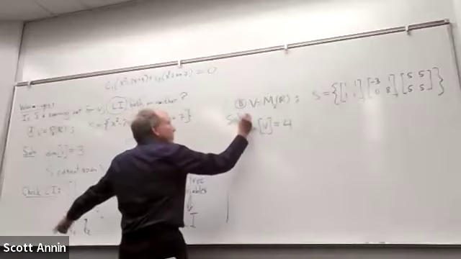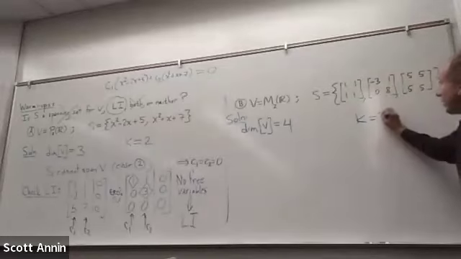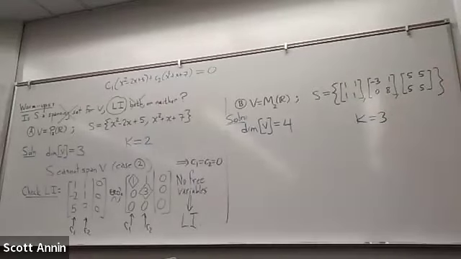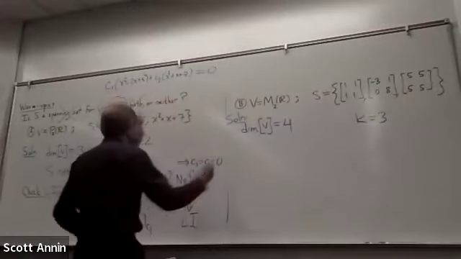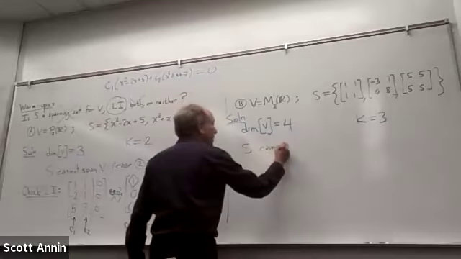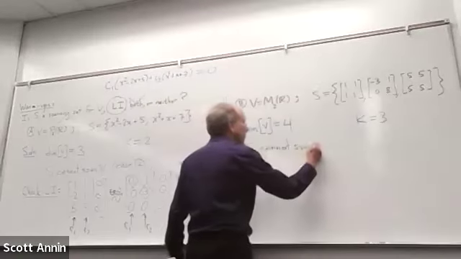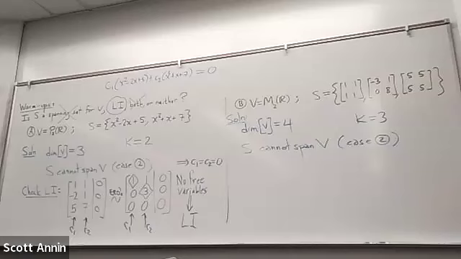So that is a 4-dimensional vector space. And what is k on this problem? 3. Only 3. Okay, so actually, this is very similar to the first example. We are in case 2 again. S cannot span V. That's case 2. So we have exactly the same setup here.